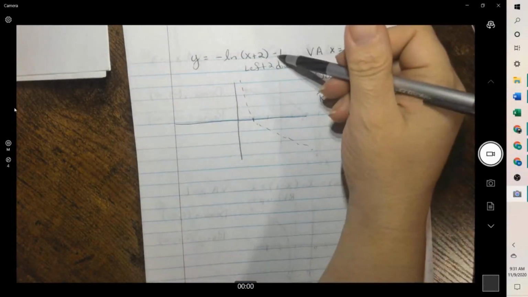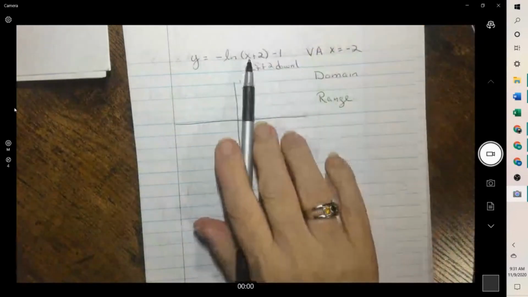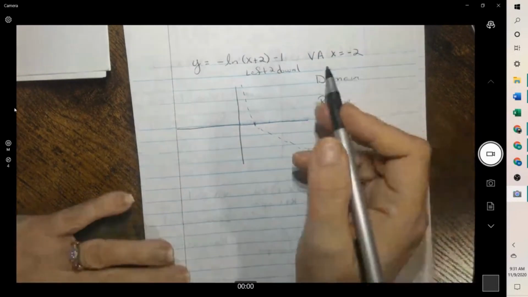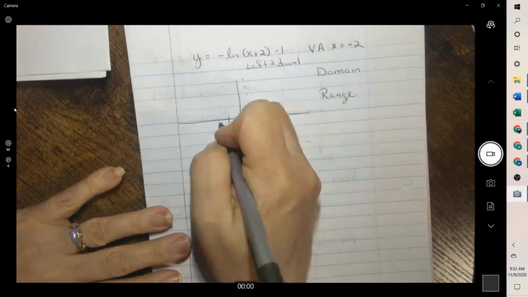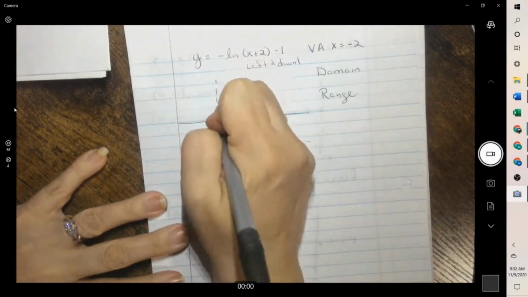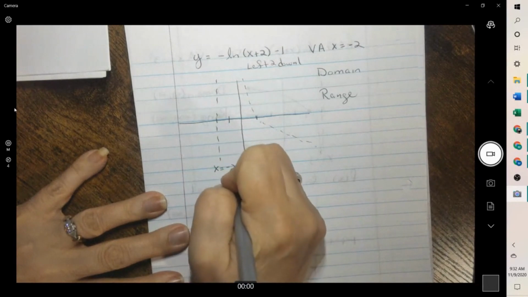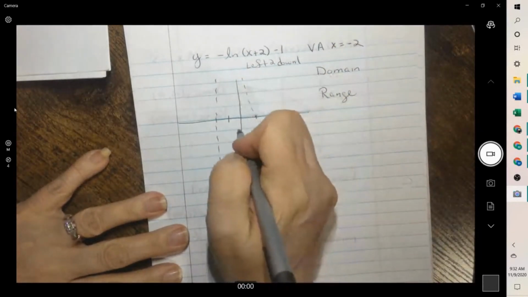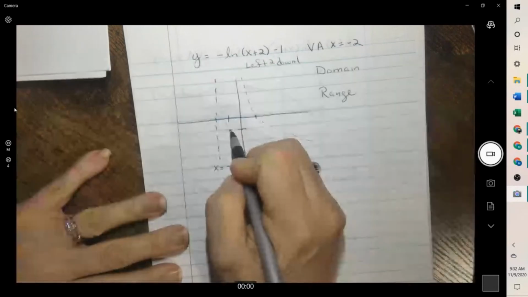The one out here, when you have the exponentials, that's your horizontal. In here affects verticals. So our asymptote moves to -2. And our point moves from 1 left 2 down 1.